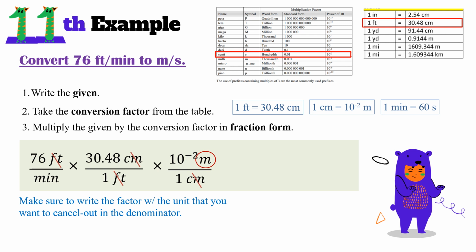Now since we are done converting feet to meters, we will proceed converting minutes to seconds. Since from the given, the unit minutes is written in the denominator, the conversion factor that we are going to use will have a numerator where the factor with the unit that we want to cancel out is placed.